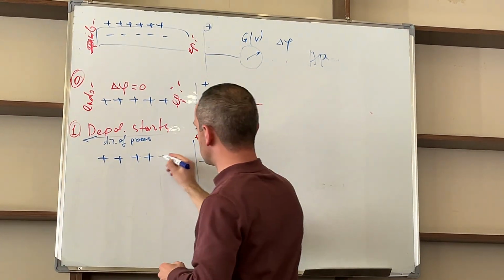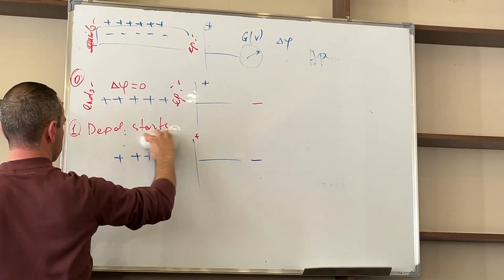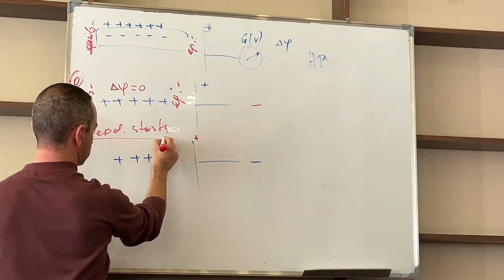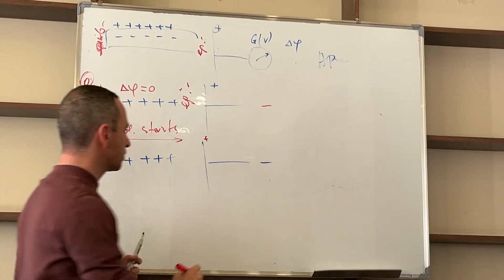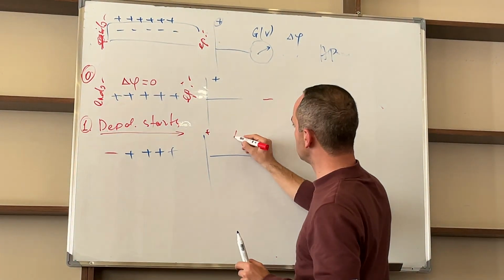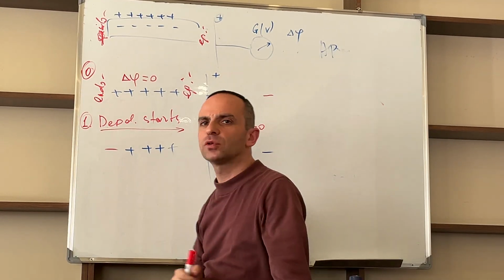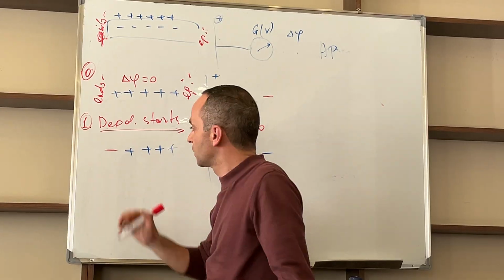So everything was positive. Now this one is becoming negative. The polarization process already will be like this. So here, apparently, delta phi is above zero. It's not zero. Appears difference of potentials. In other words, it's electrical current, electricity.